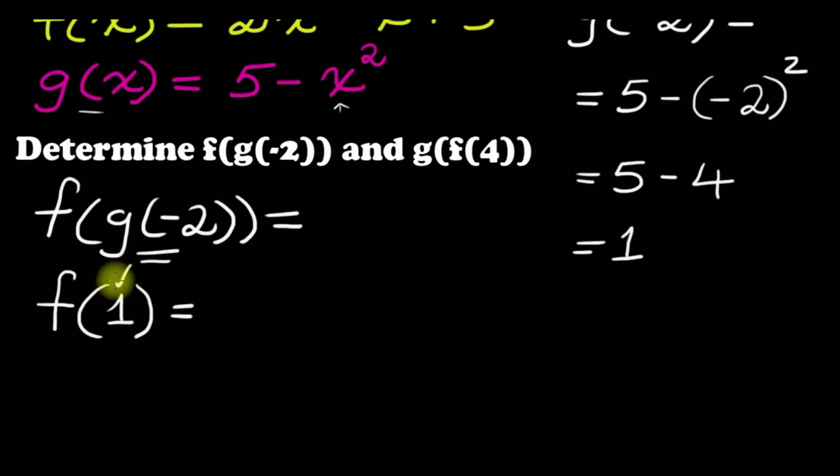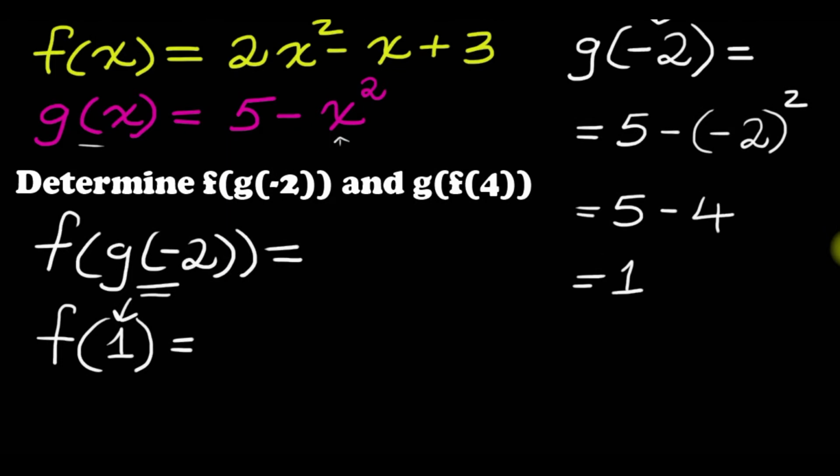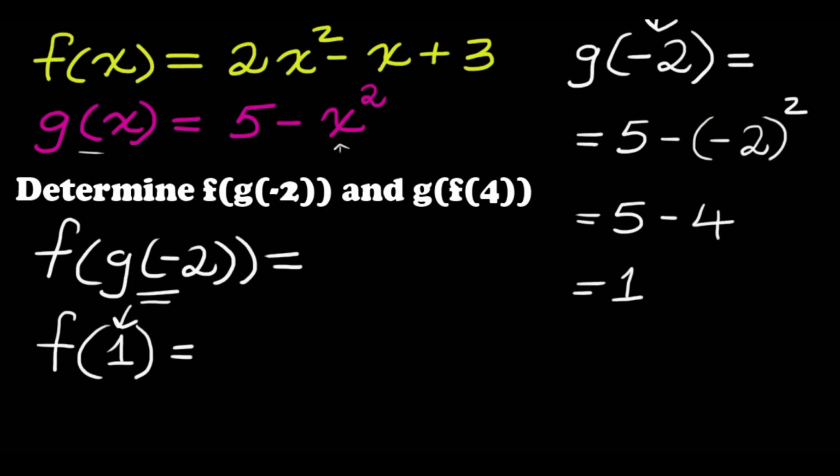So we found g of negative 2 to be 1. Now you're going to find f of 1. Well, to find f of 1, you're going to do the same thing, right? So you're going to go up here, find where f of x is, because you're working with the f function. So here f of x is 2x squared take away x plus 3.